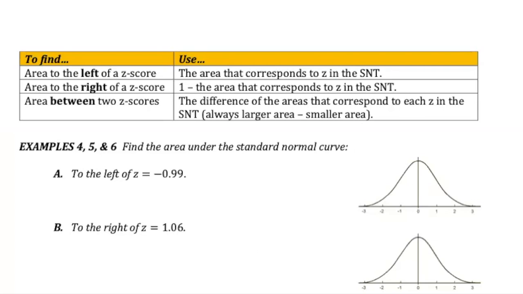Now we can actually get some additional information from the standard normal table. So if you want to find the area to the left of a z-score, that's the area that corresponds to z in the standard normal table. So you just look up the number in the table. So in other words, like this first example, if I want to find the area to the left of z equals negative 0.99, here's my normal curve.